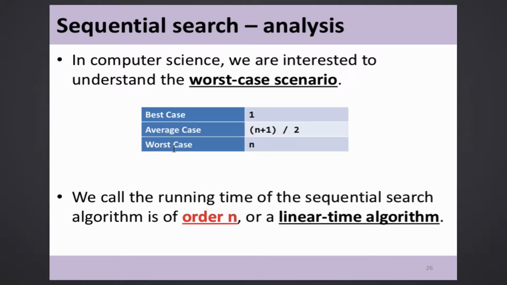We call it of order n, or a linear time algorithm. Linear because it grows with n in a linear relationship. So this is the analysis of the sequential search algorithm.